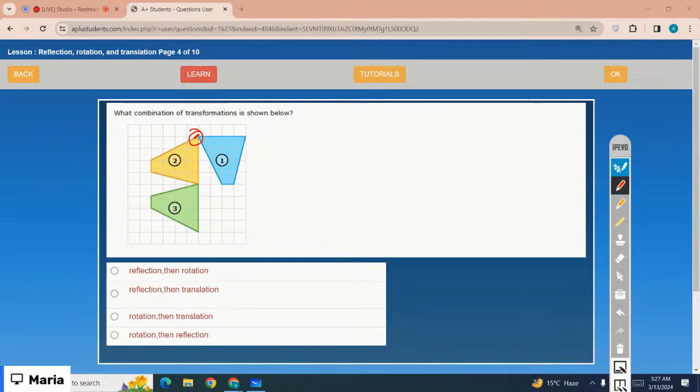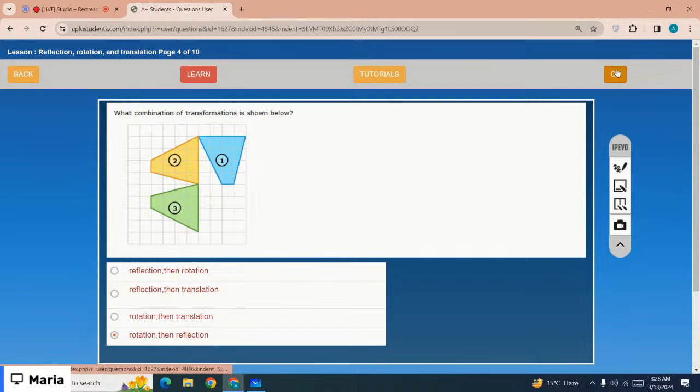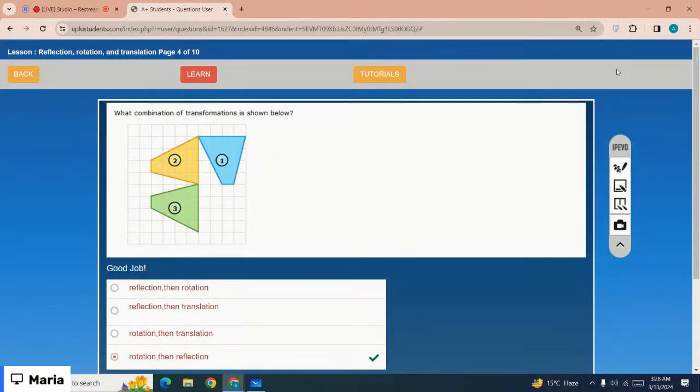So you have rotation first, and then 3 is the reflection of 2. So that is a rotation and reflection. Option number 3 is the correct option. 4, sorry, not 3.